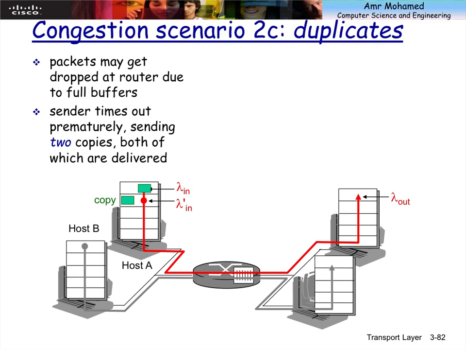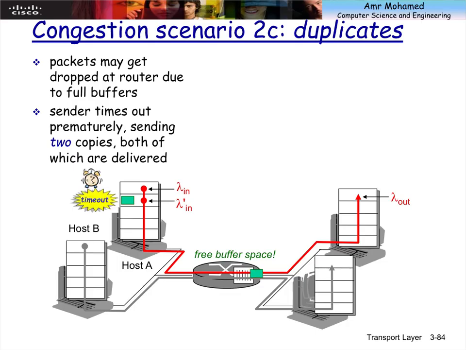So, case C: the lost segments are not necessarily because of a router overflow. It could be because of duplicate segments. The receiver receives segments and some of them are duplicates. Here I have a timeout.